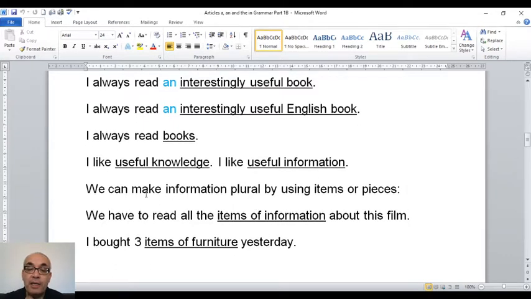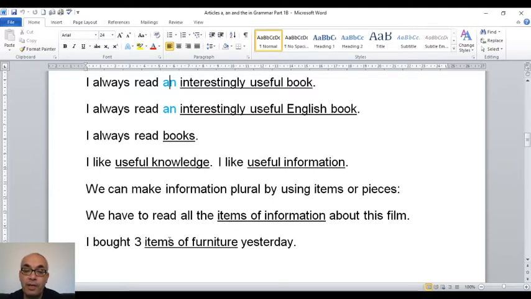We can make information plural by using items or pieces. We have to read all the items of information about this film. So information is singular, the plural of information is items of information, or you can say pieces of information.